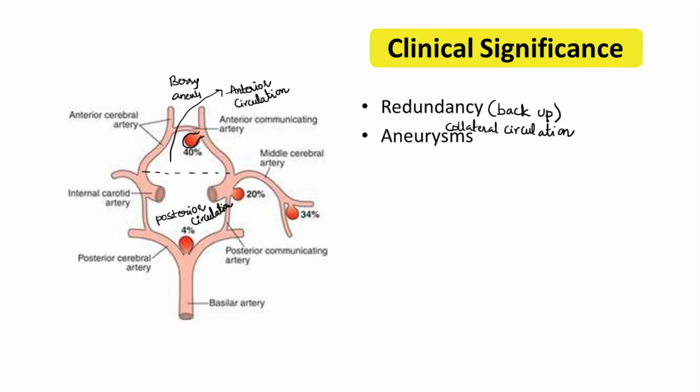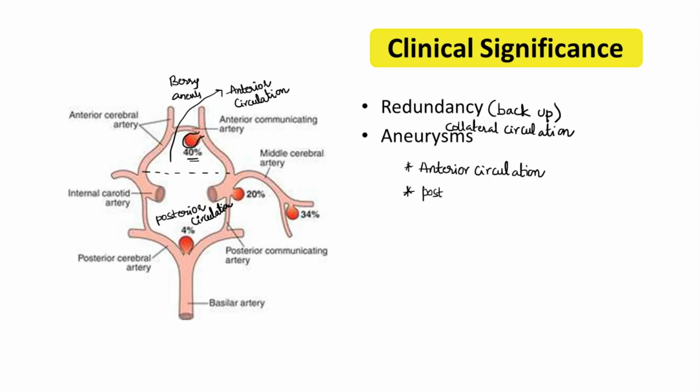Now you see, when I say 40%, I can clearly say intracerebral aneurysms are more common in anterior circulation. What is my first statement? Anterior circulation, intracerebral aneurysms are more common in it. When it comes to posterior circulation, what is that most important point?